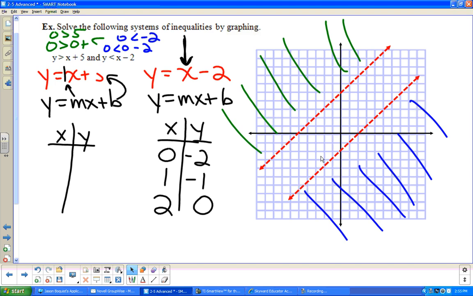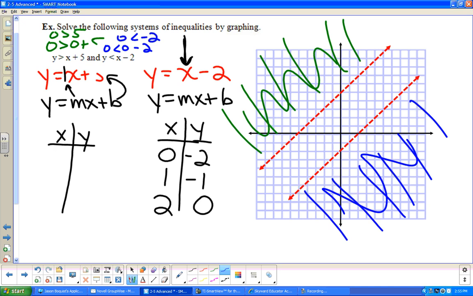If for the first one, all the answers are up here, and in the second one, all the answers are down here, are there any answers that work in both inequalities? No, there's not, because you're looking for where they shade together. So you see how that's very similar to a system of equations. Where are they together? So which points work in both inequalities? No points do.